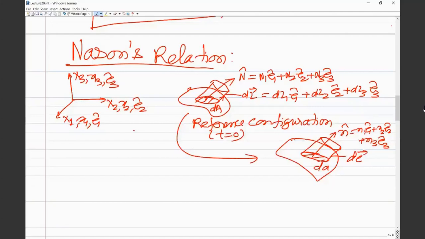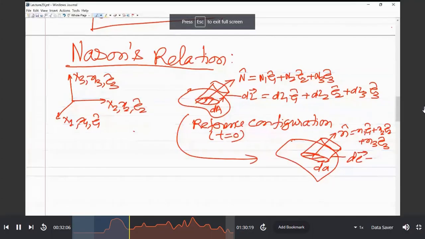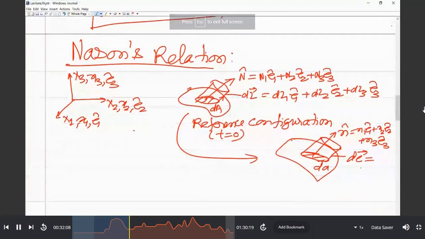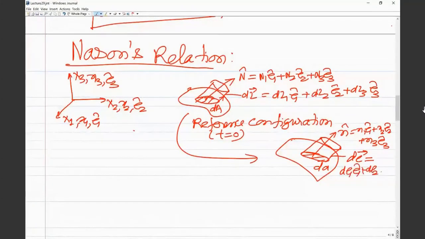So this dl is equal to dl1 into e1 cap plus dl2 into e2 cap plus dl3 into e3 cap, and this is the current configuration at any time t.